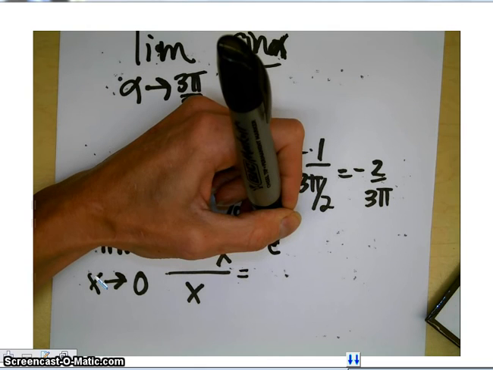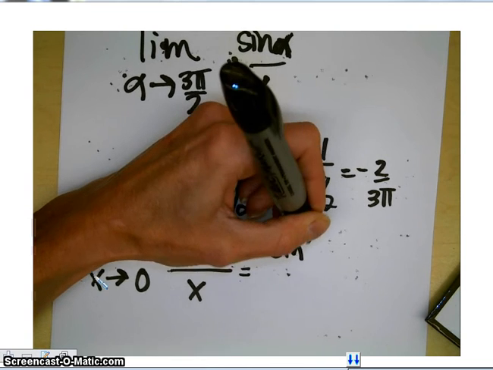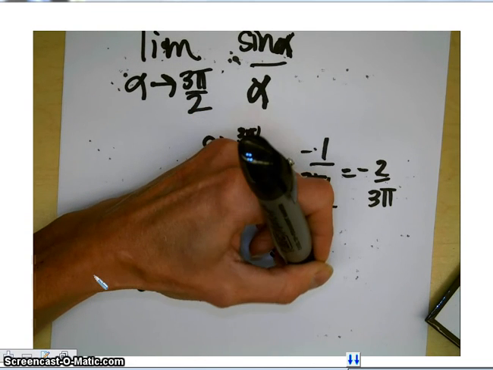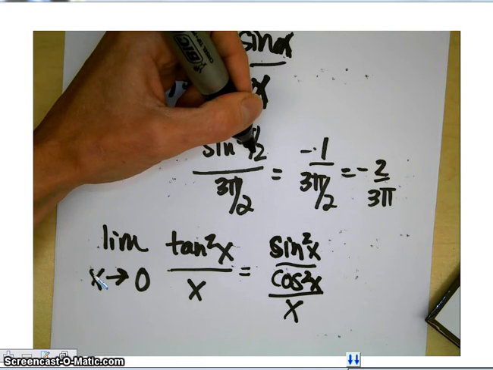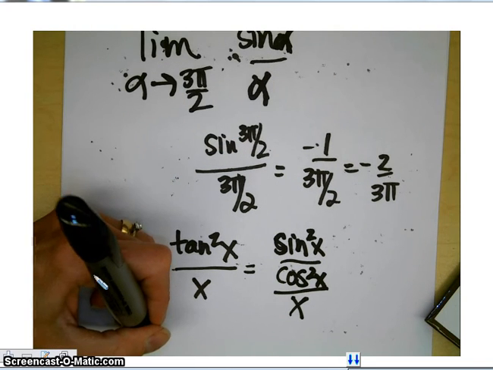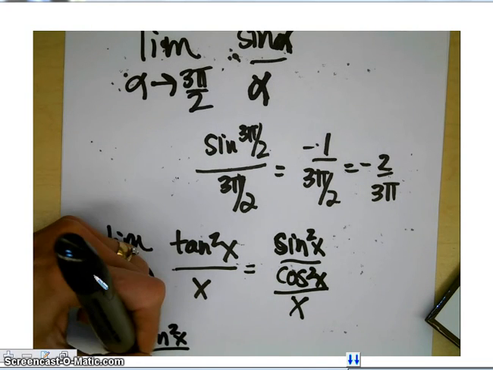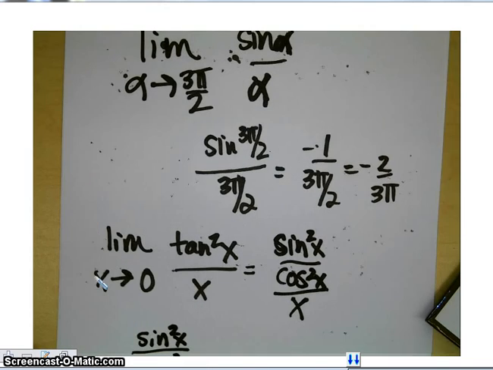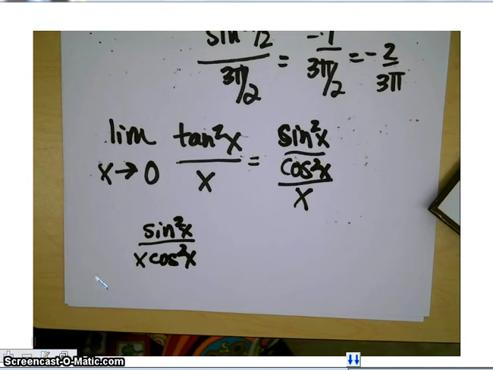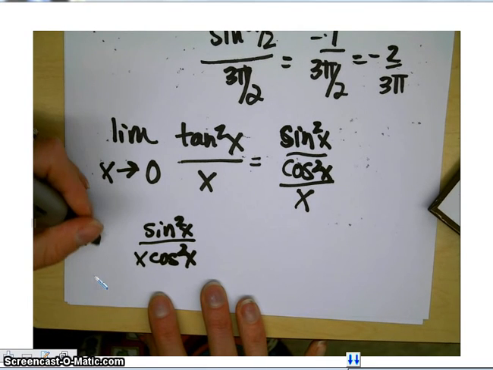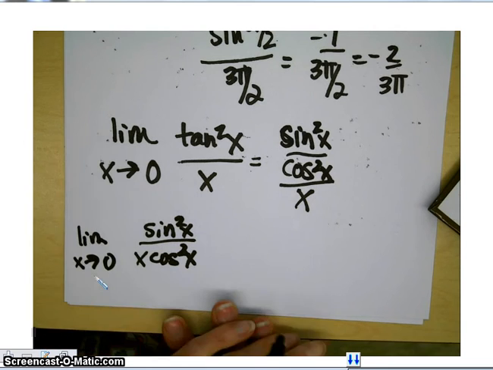Tangent is sine over cosine, right? So tangent squared would be sine squared x over cosine squared x. And then if I'm dividing that whole thing by x, wouldn't that be sine squared x over x cosine squared x? Isn't that what I really have? Okay, so here's where I'm going to use the product property.